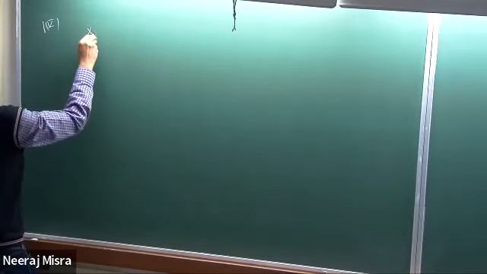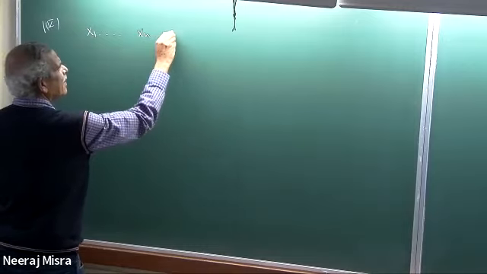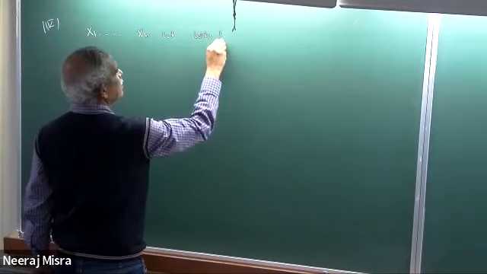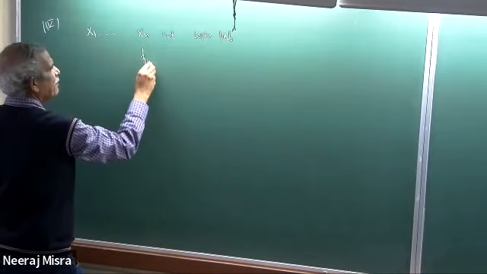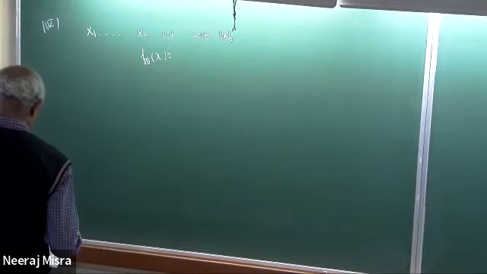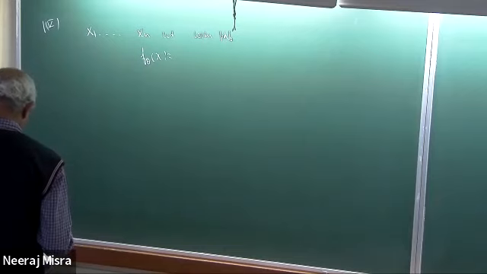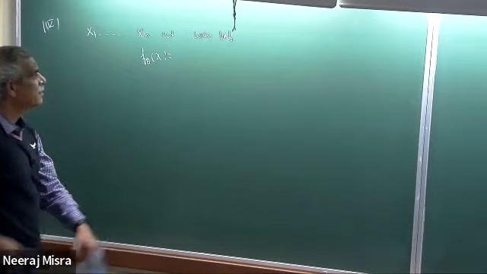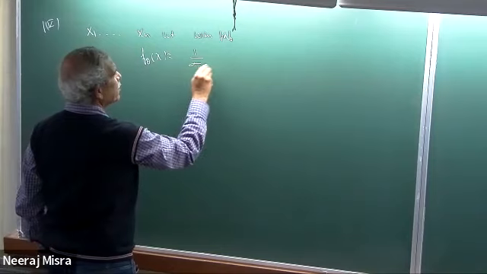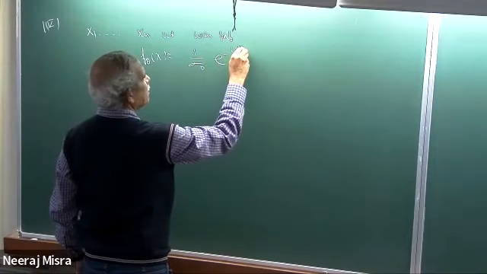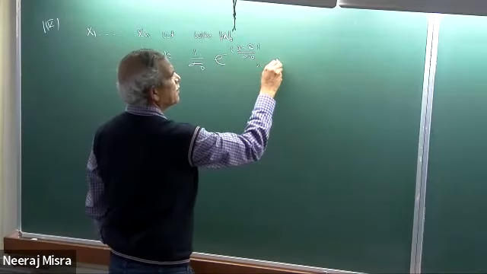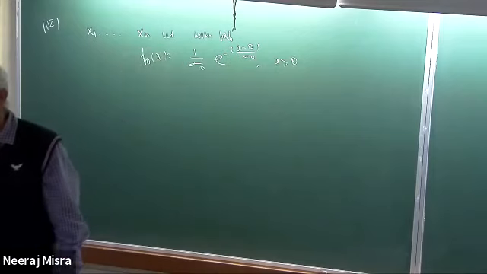So you have x1, x2, xn, IID with PDF f theta x, which is 1 by sigma naught e to power minus x minus theta by sigma naught, for x greater than theta, right?